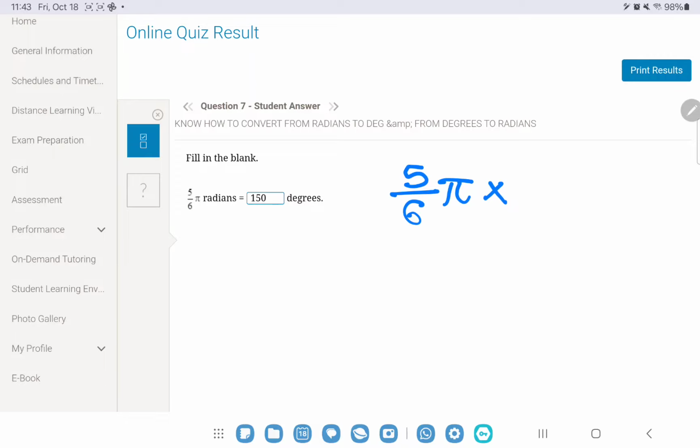5 over 6 pi times 57.3. Okay, so you could do times 57. It's preferable to use 57.3 because it's more accurate.